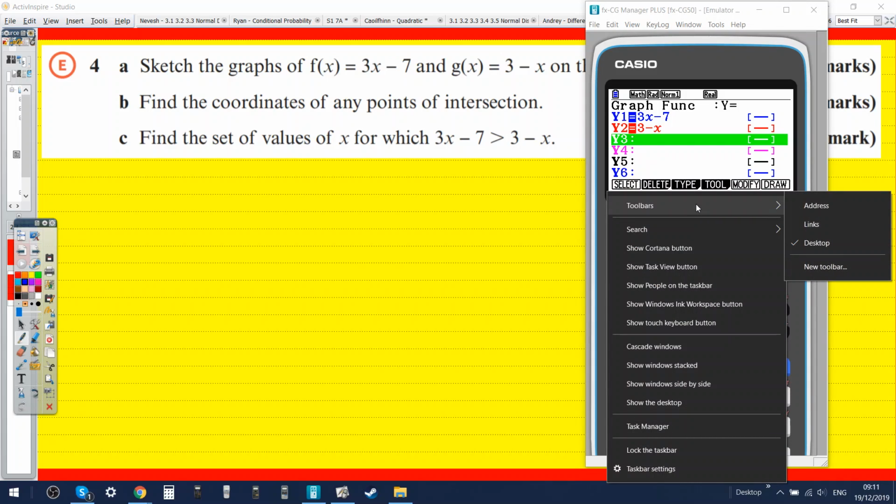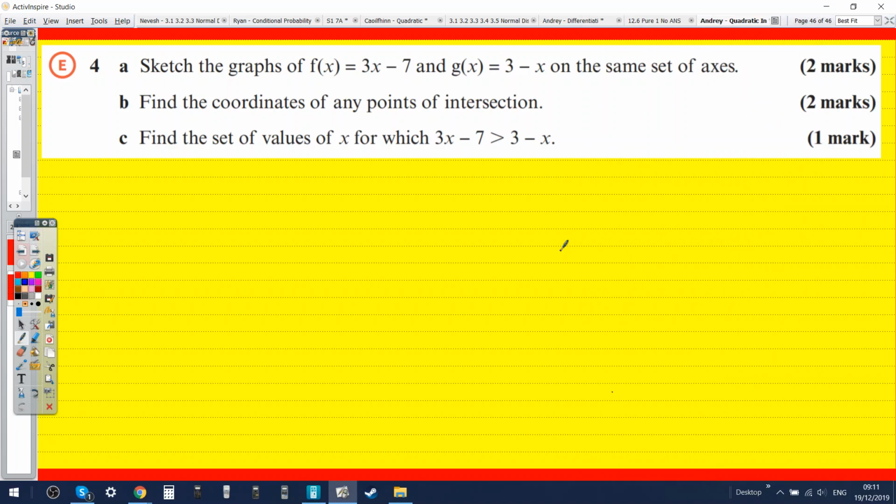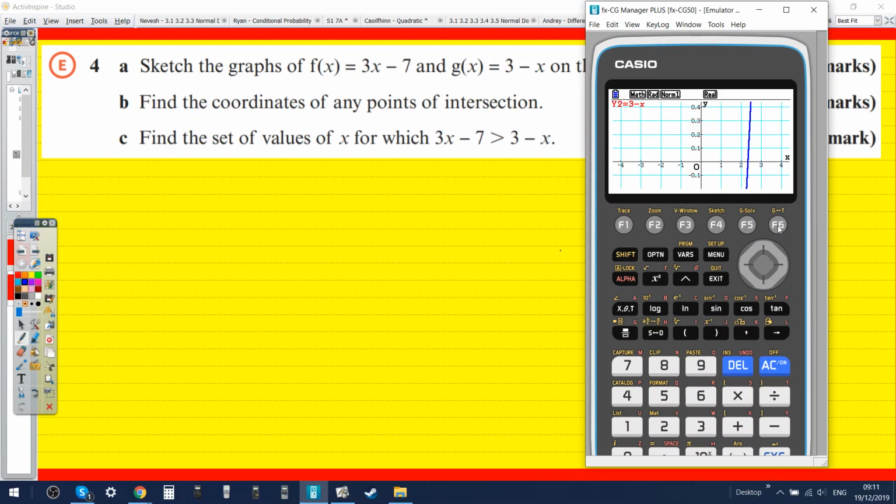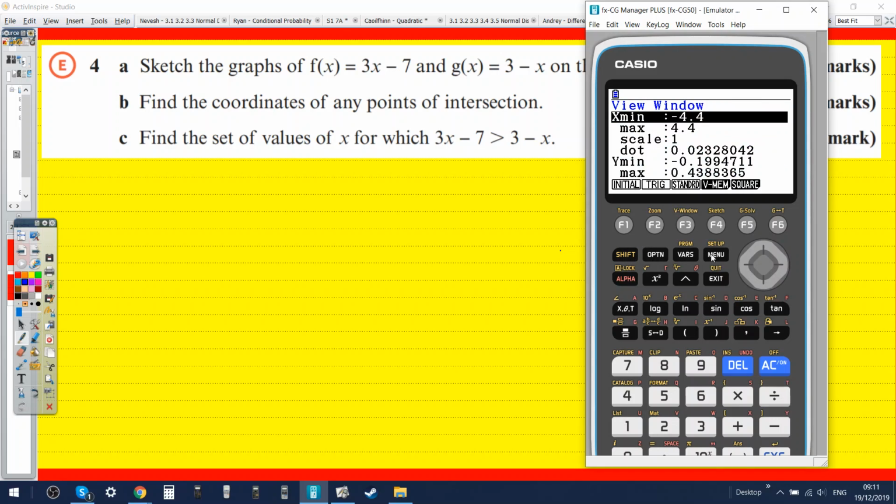And then we've subbed in all the equations now, haven't we? Once you have those, F6 for draw. Exit. Oh, I drew it.